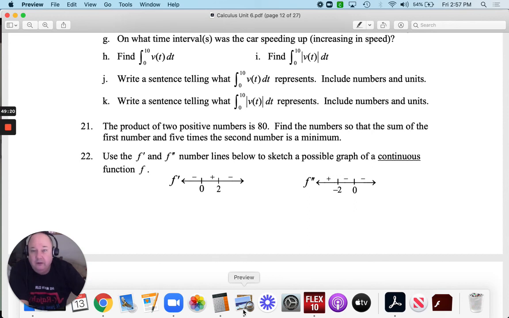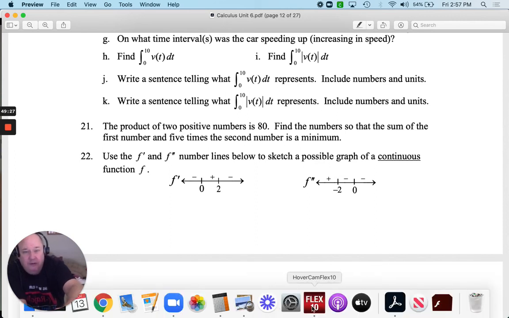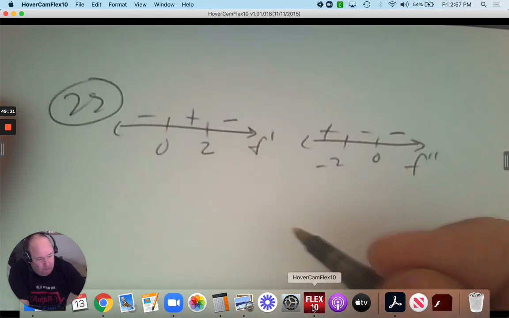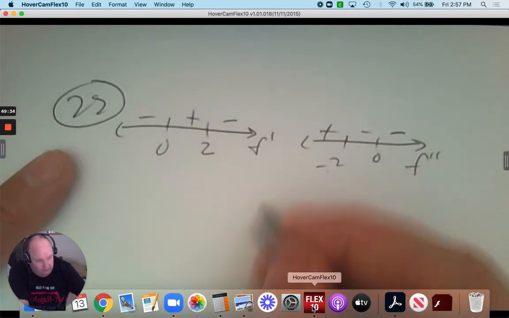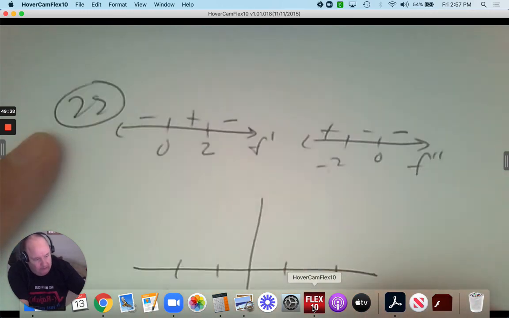And it says use those and sketch a possible graph of a continuous function f. So we don't have a starting point. So let's see what we can do. Obviously from negative 2 to positive 2 is important, so let's just do that.